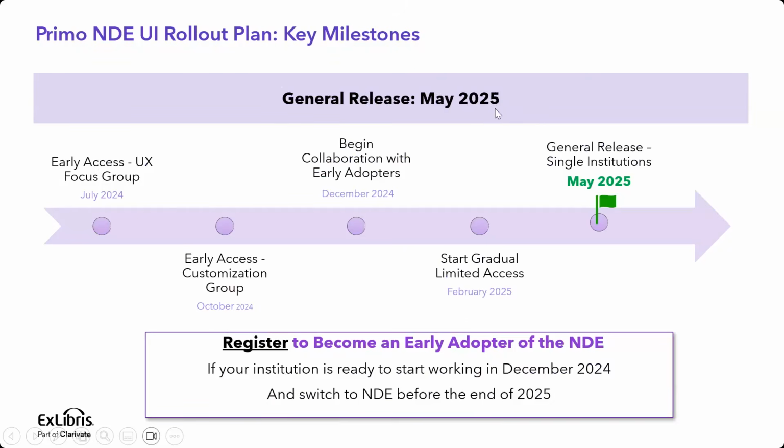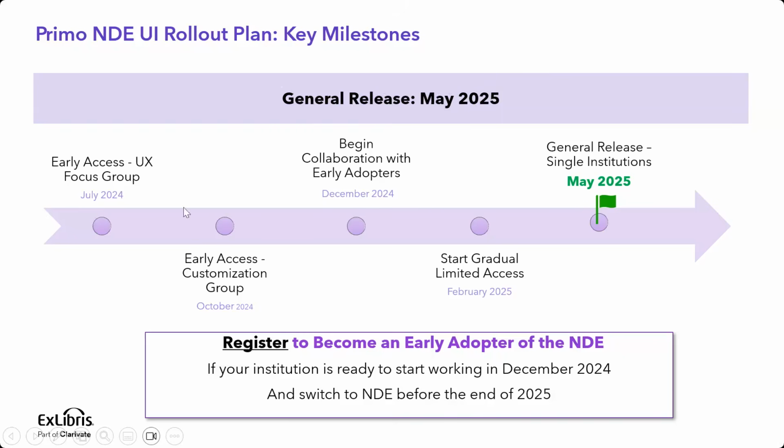It means that you will have core functionality of the NDE UI available for you to start work and plan your migration. It will be available for the Primo VE customers. And of course, from May, you will have documentation, training, and all of the other aspects that a new interface requires available for you.